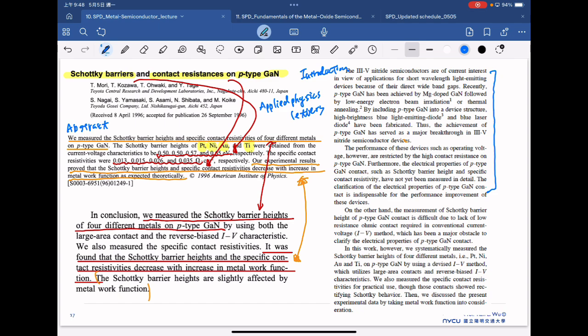This correlates with the background information to explain that nowadays, for P-type gallium nitride, we still need to spend effort to understand the Schottky barrier in P-type gallium nitride.